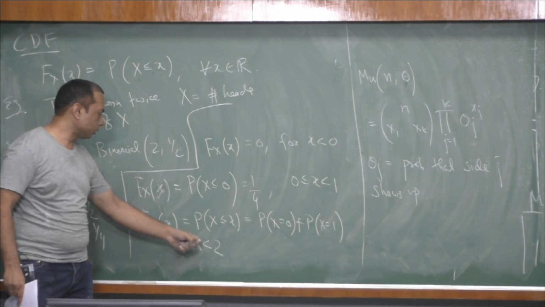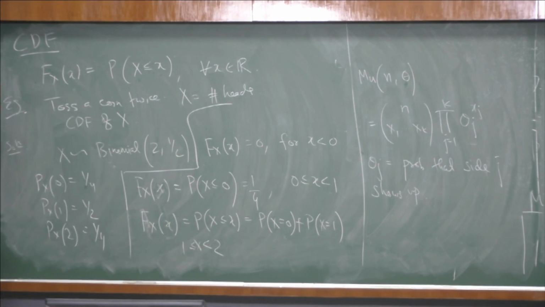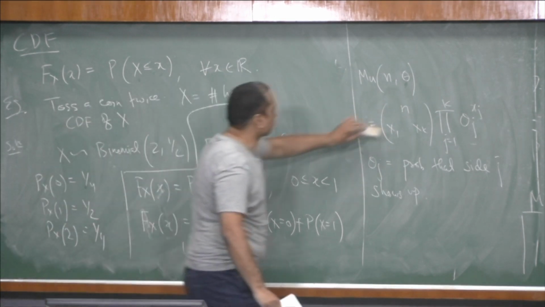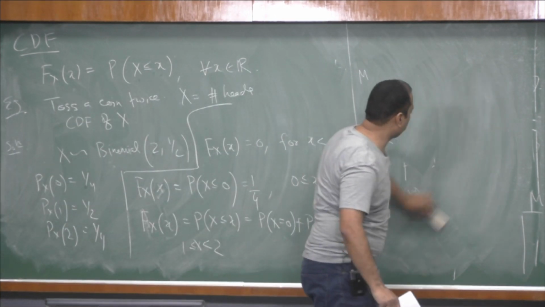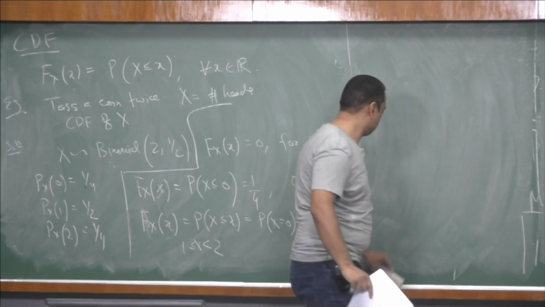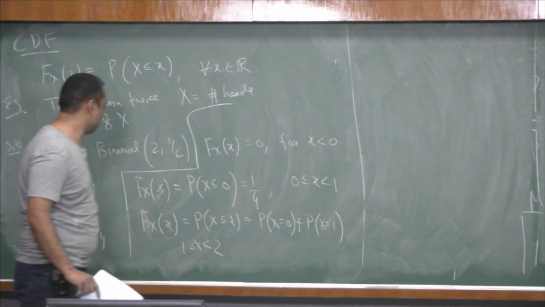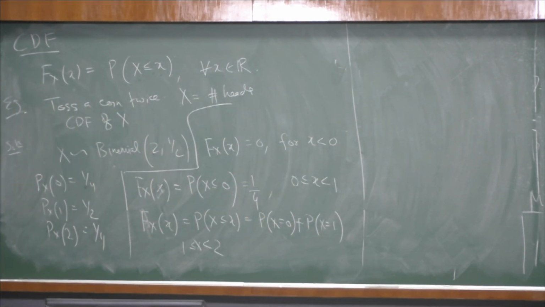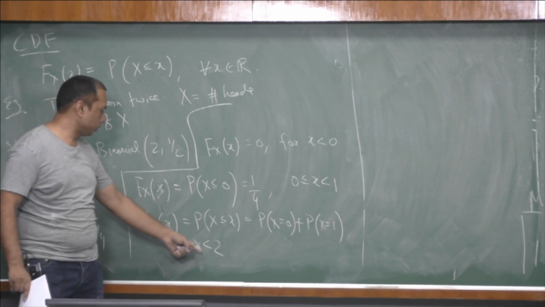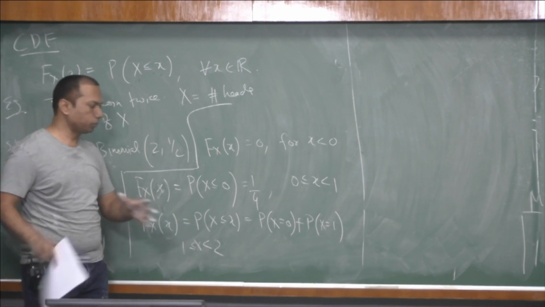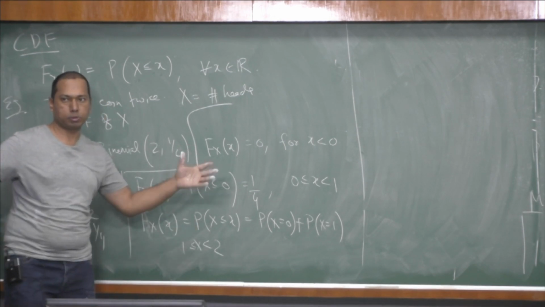Maybe I'm creating more issues here by giving these ranges. What I'm trying to say is, the reason we are including all this is to cover all the possibilities for x.